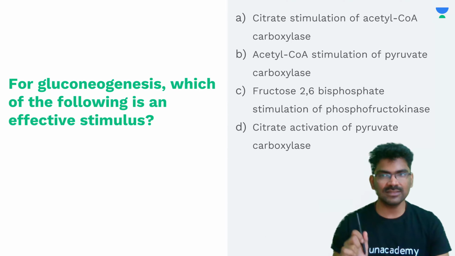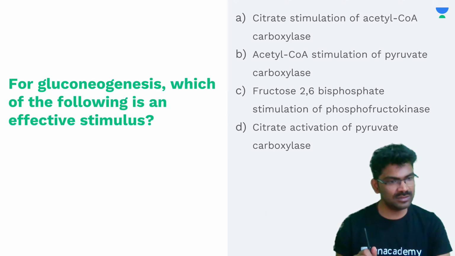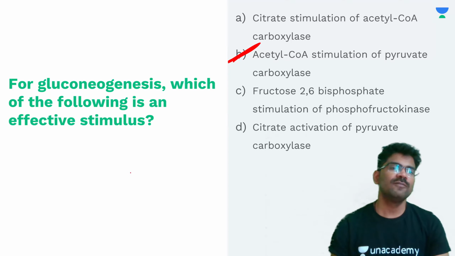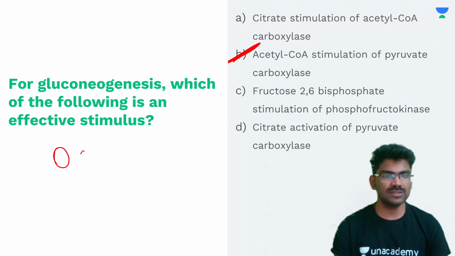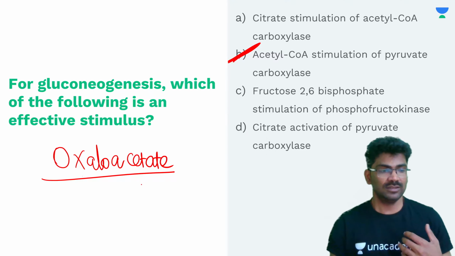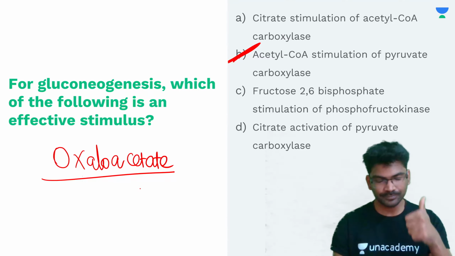The correct answer is, who told the correct answer? Divya told the correct answer. For gluconeogenesis, what do you need? You need pyruvate to oxaloacetate. Oxaloacetate is produced by carboxylation of pyruvate.